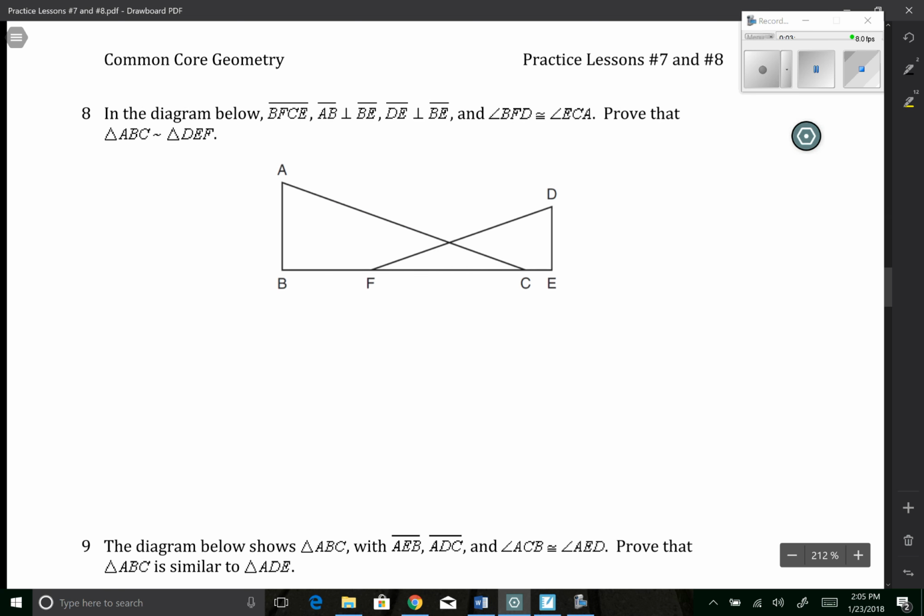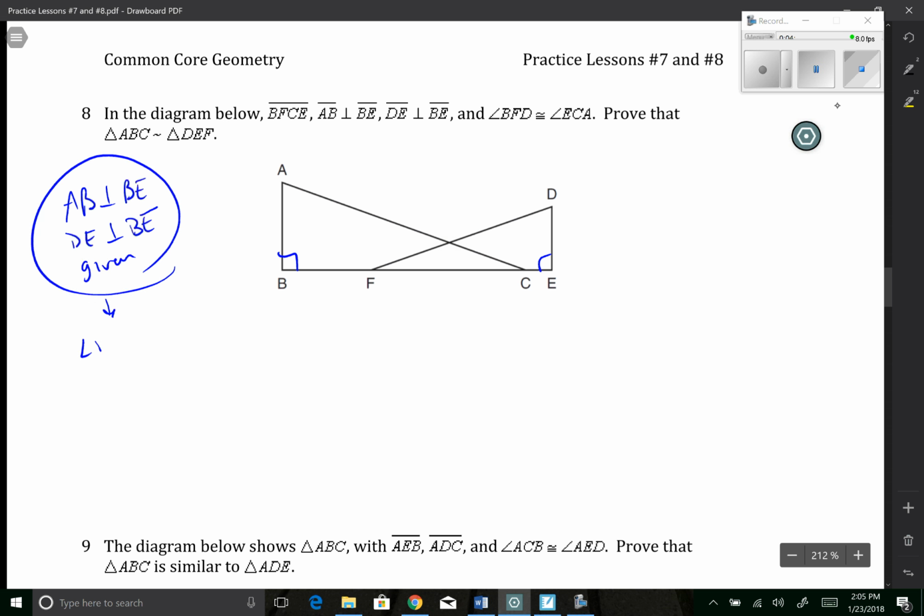Number 8 asks us to prove that these two triangles are similar to each other. So I know that perpendicular says right angles. So I can say AB is perpendicular to BE. I can say that DE is perpendicular to BE. And that's all given. That tells us angle B and angle E are right.